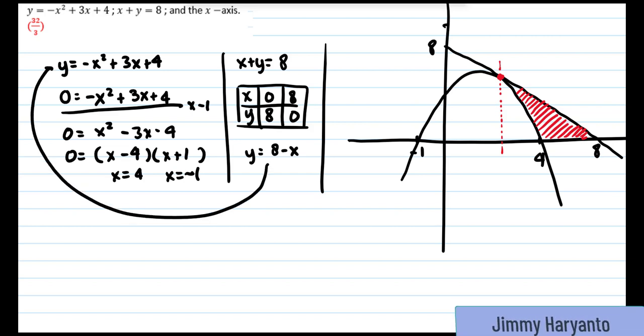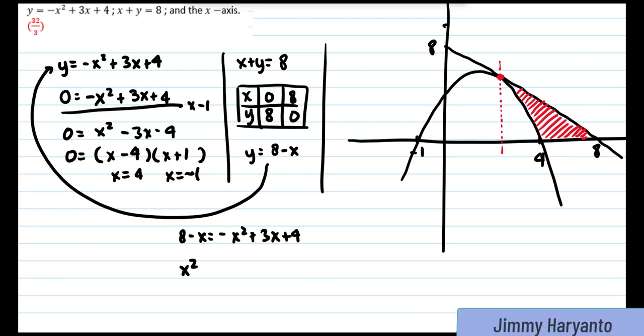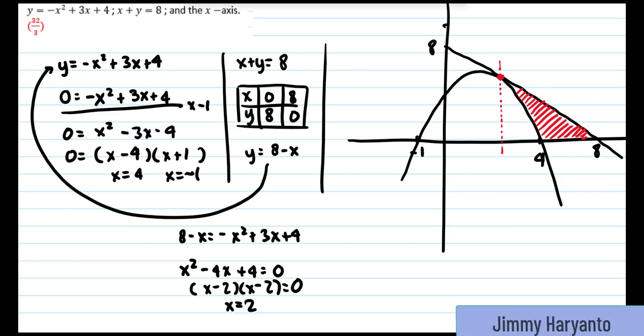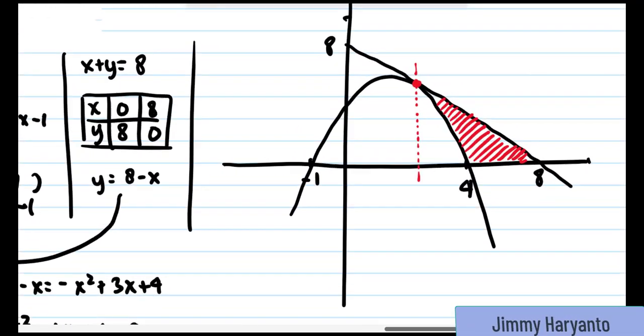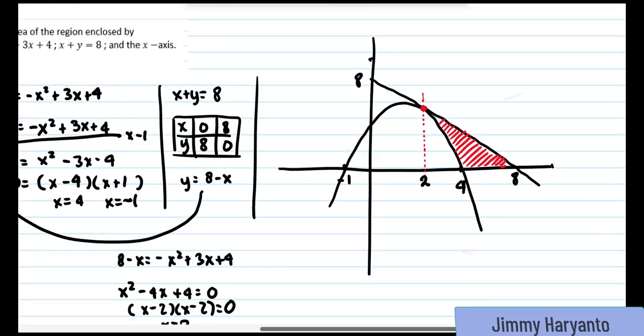We substitute this into this one. So 8 minus x equals negative x squared plus 3x plus 4, and then you move it to the left hand side: x squared minus 4x plus 4 equals 0. Then you factorize it like this. See, you only have one point of intersection, which means the line touches the curve. So this one is 2.